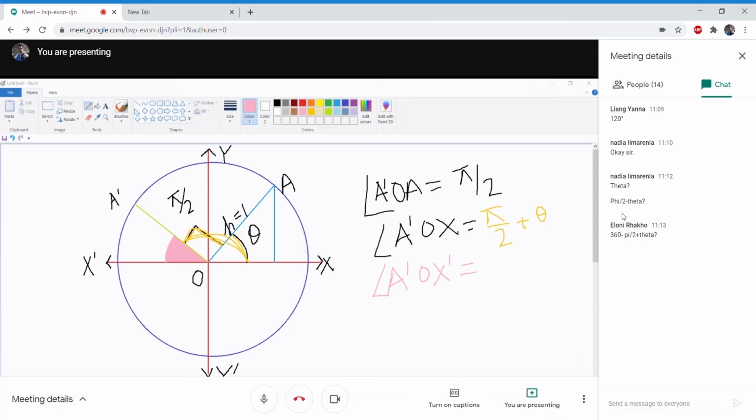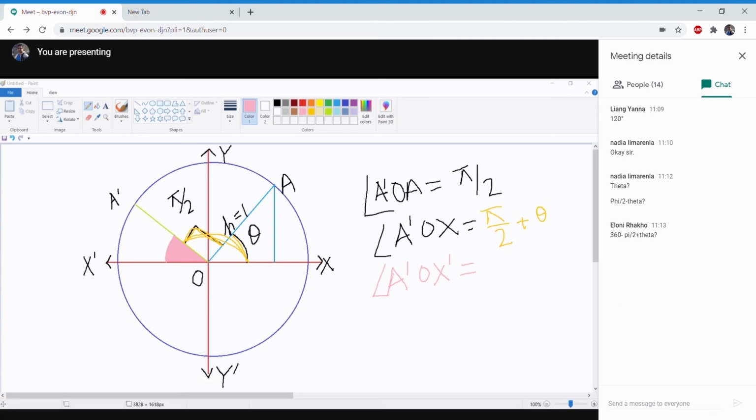Yeah, correct. No, not phi by 2, it's just pi by 2. Look, pi and phi are two different things. Okay, pi is pi. Yeah, almost correct. Eloni is almost correct. Why? Because look, let me explain. What is this full angle?